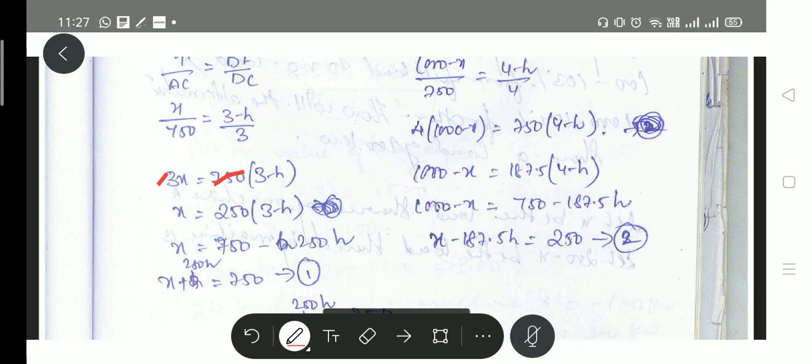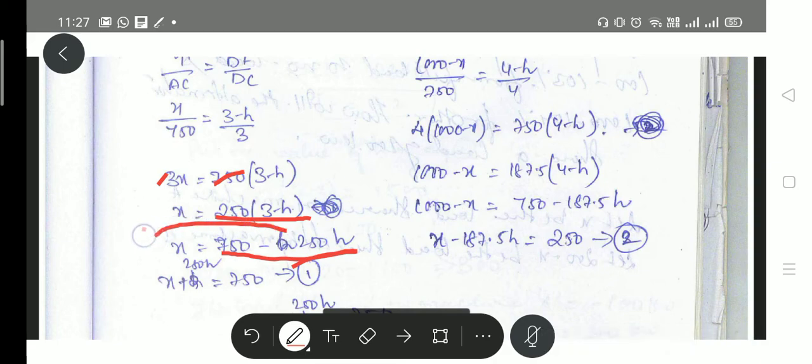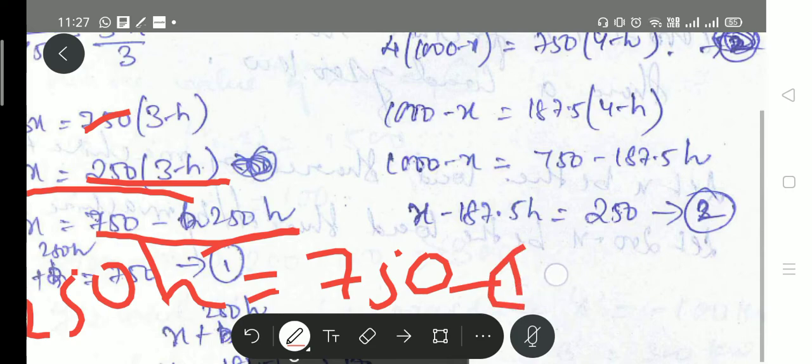X is equal to 250 into 3 minus H. Multiplying this out, X is equal to 750 minus 250H. Taking 250H to this side, we will get X plus 250H is equal to 750. This is the first equation.